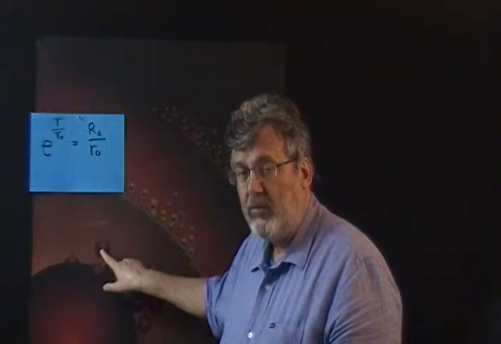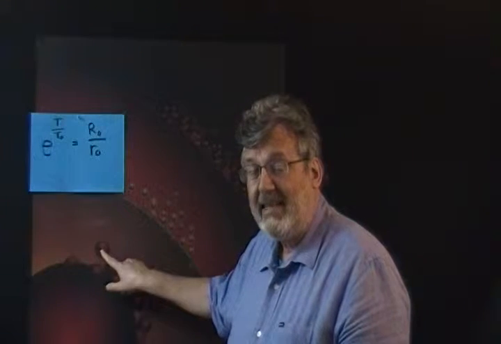Okay? I'm not going to do the derivation. The derivation is very simple calculus. It's based upon the measurement of how little r0, which is the radius of a fractal particle, changes with time.